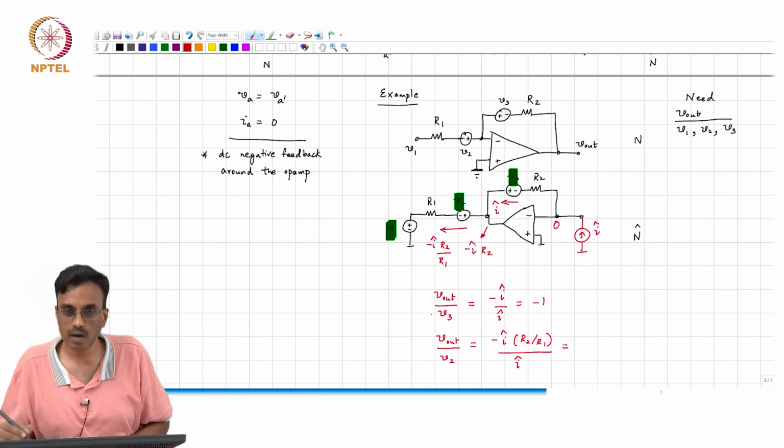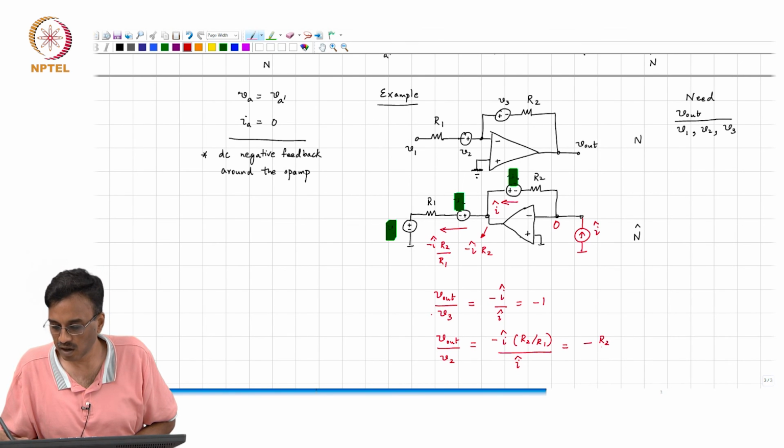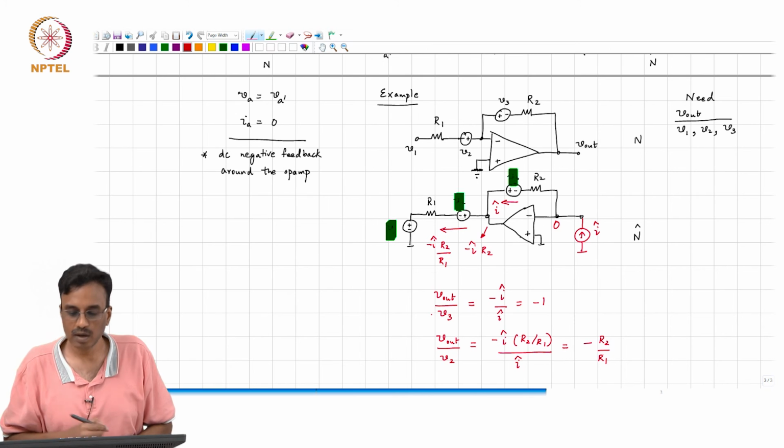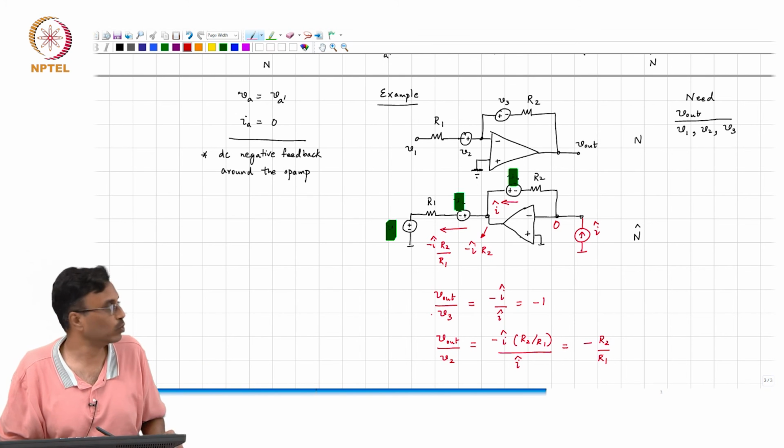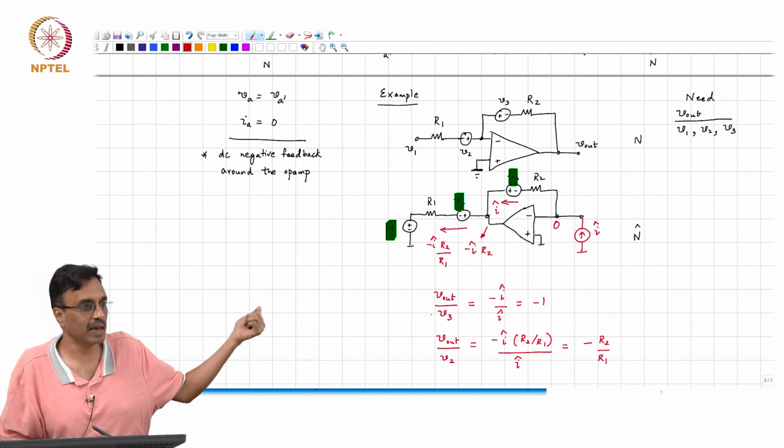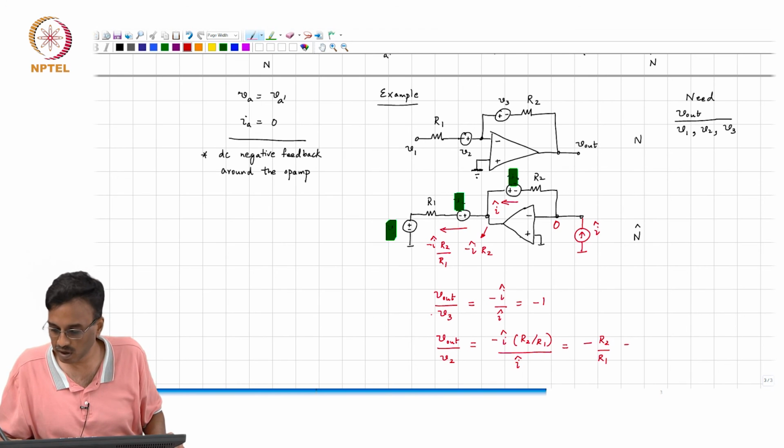This must be minus R2 by R1. It is evident that the current flowing through V2 and the current flowing through V1 are the same, and therefore, this must also be equal to V out by V1.